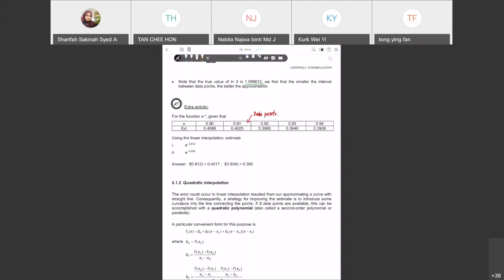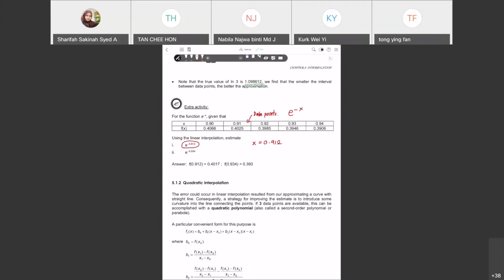Okay. And then they ask you to use linear interpolation to estimate e to the power of negative 0.912. So in this case, the function is actually e to the power of negative x. So no need to put negative inside your x because this is actually the function. So now you have to use your linear interpolation to calculate for x equals 0.912.